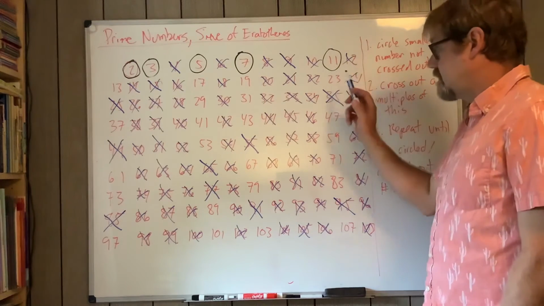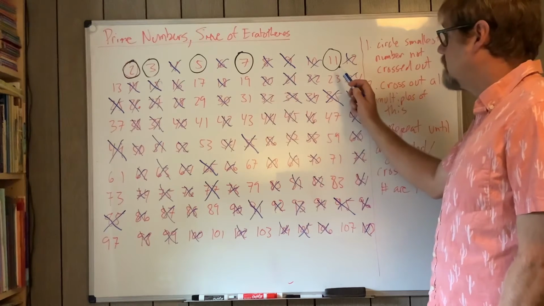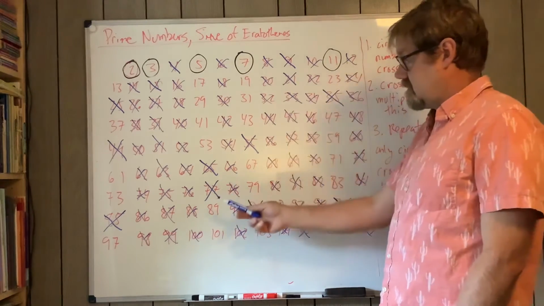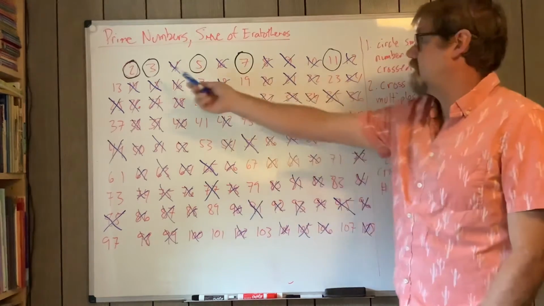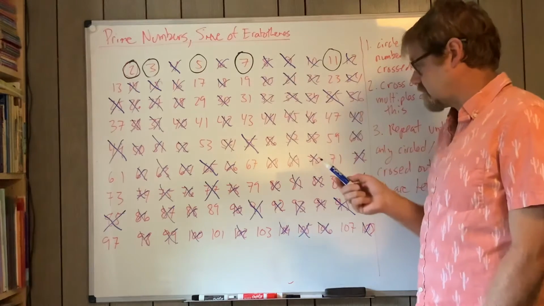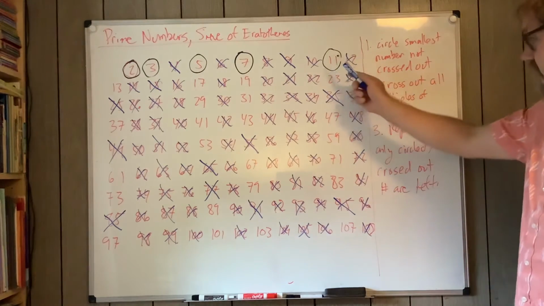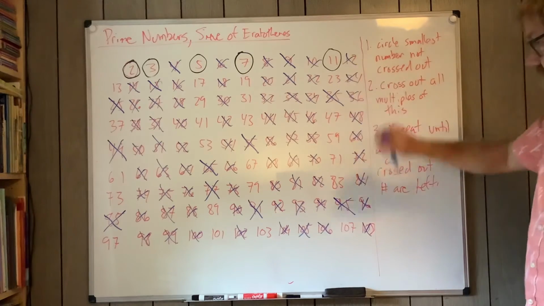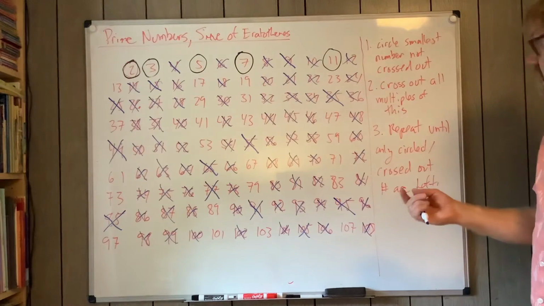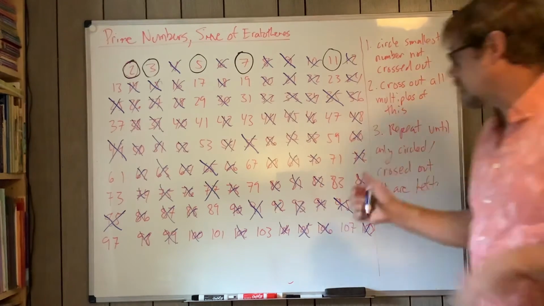And again, remember, all those are already gone because everything less than that is a multiple of 11 and has already been crossed out. So my next one to cross out would be 11 squared, which is 121, which is beyond this grid. So that means everything else I'm just going to circle.